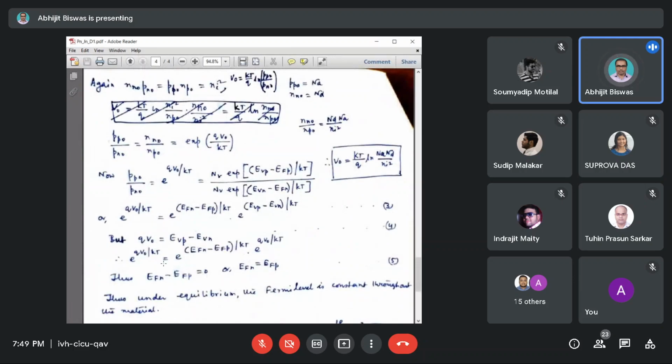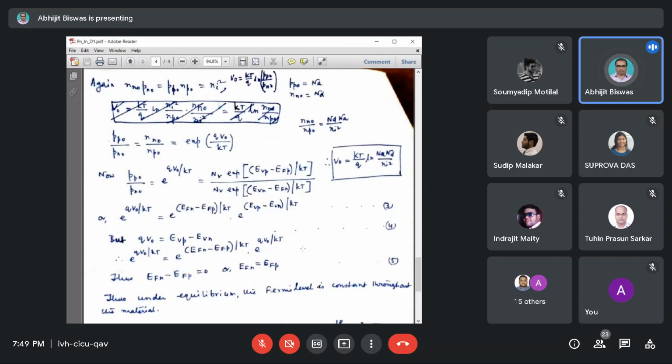So on the left hand side, it is e to the power qV0 by kT. Now on the right hand side, it is equal to e to the power (EFn minus EFp), the difference of the Fermi level between the n and p side, divided by kT, times e to the power (EVp minus EVn) by kT.